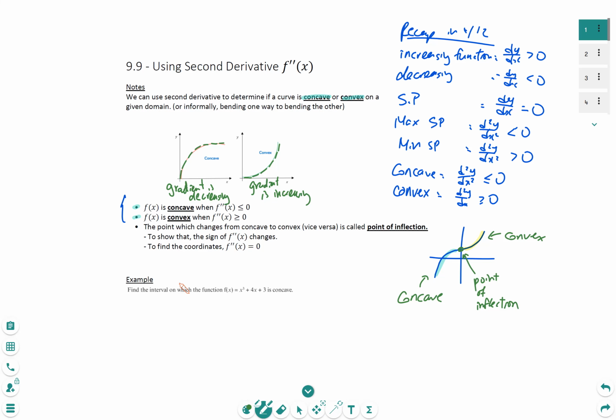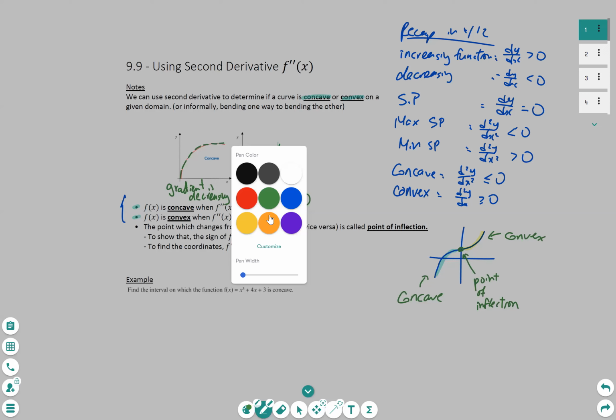To show a point of inflection, first of all, to show the sign of the second derivative changes, I'll build up from this point.